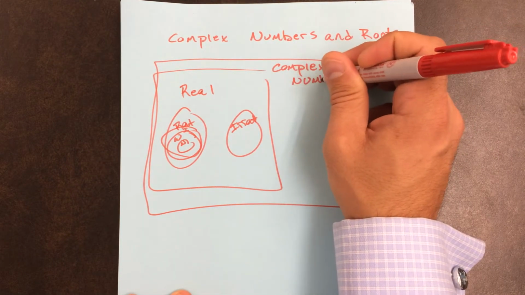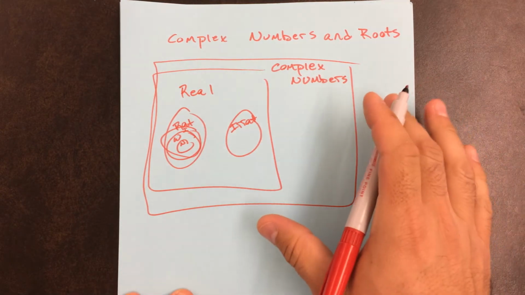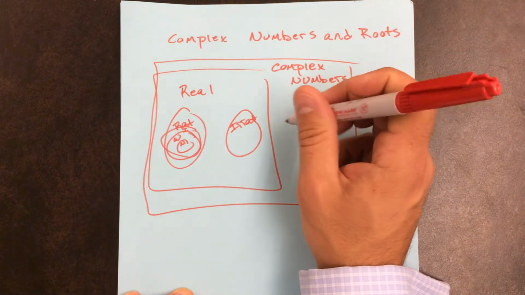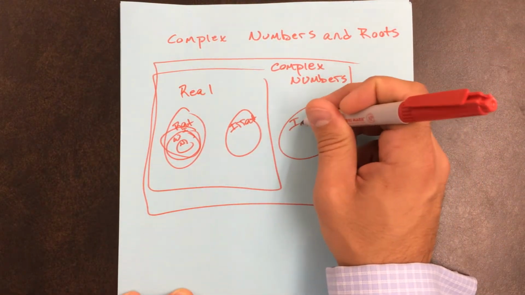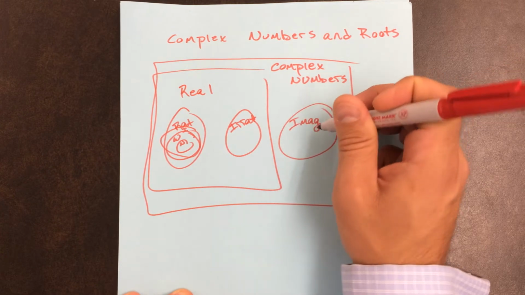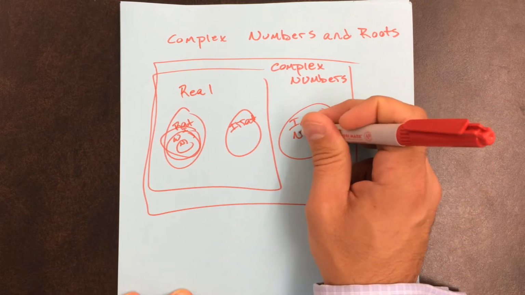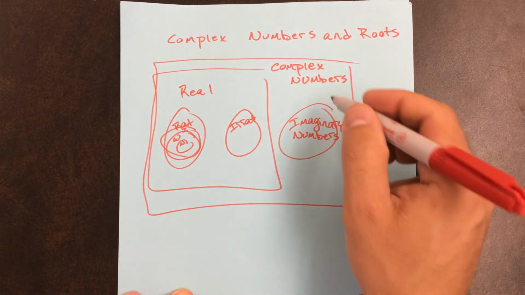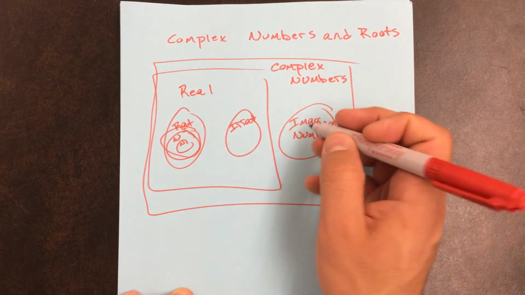And we just didn't talk about this before. So now we're going to put complex numbers in here. There are a couple of different things that we can have. We can have all of the reals, but we can also have numbers that are in the form of imaginary numbers, or just complex numbers on their own, which are going to be a separate set as well.